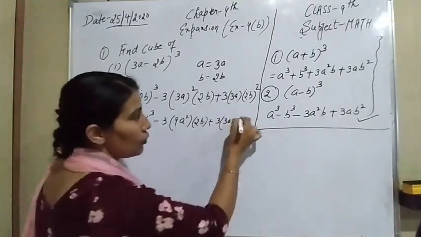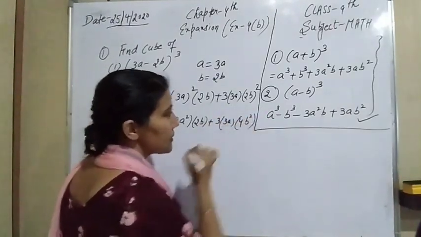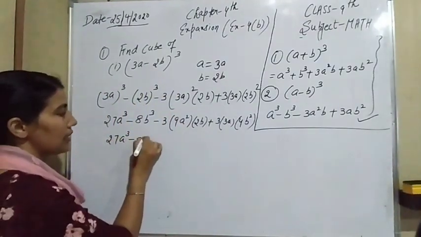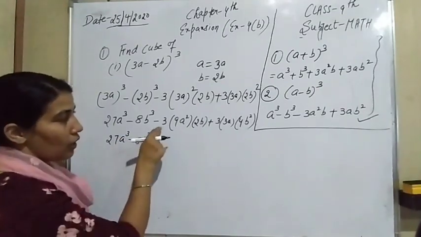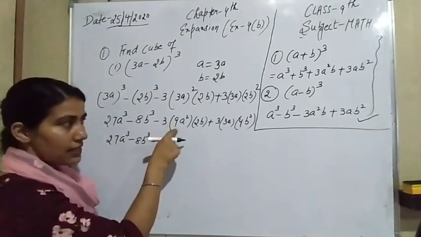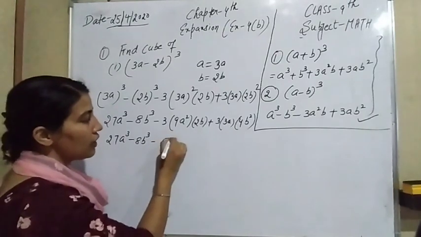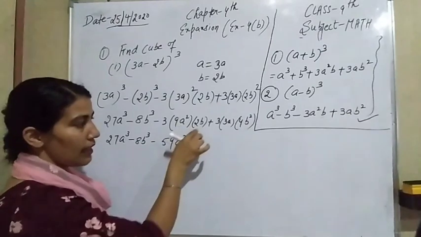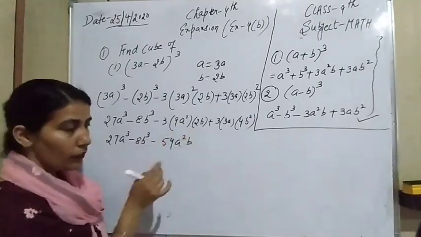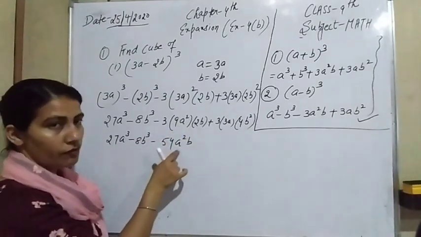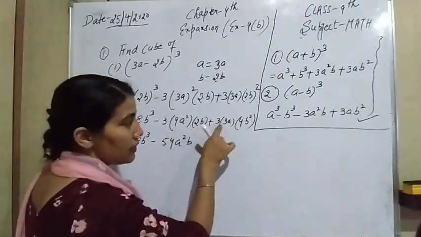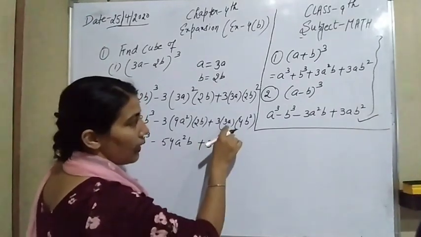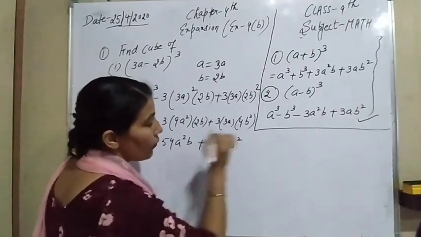First open the square: 2 square is 4 and b is b square. Now after that here is 27a cube minus 8b cube minus, now 3 9s are 27, 27 2s are 54, and a square b, a square and b as it is. Three digits are being multiplied. Whenever you multiply, you will get the answer 54a square b. After this 3 into 3, 3 3s are 9, 9 4s are 36ab square. That is the required answer.